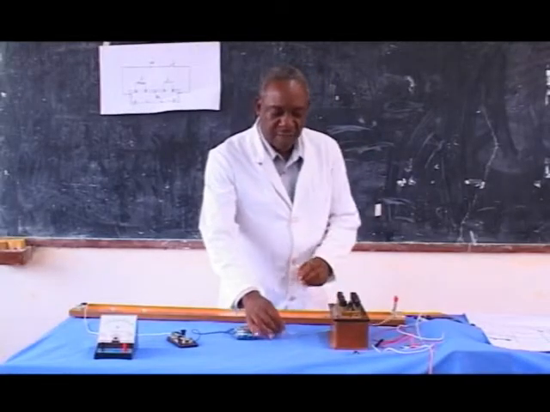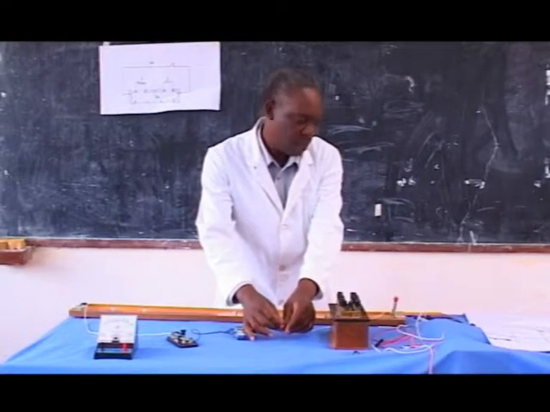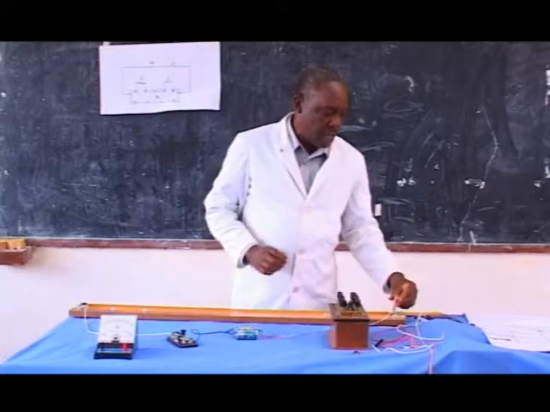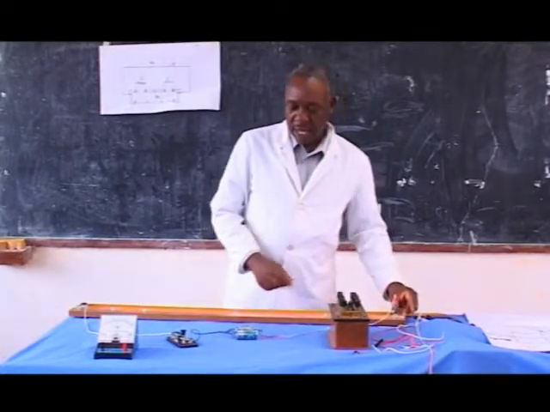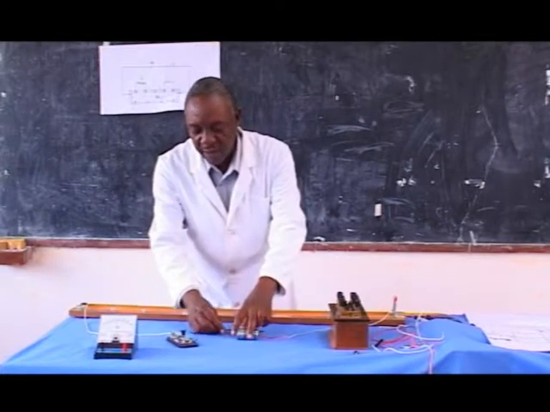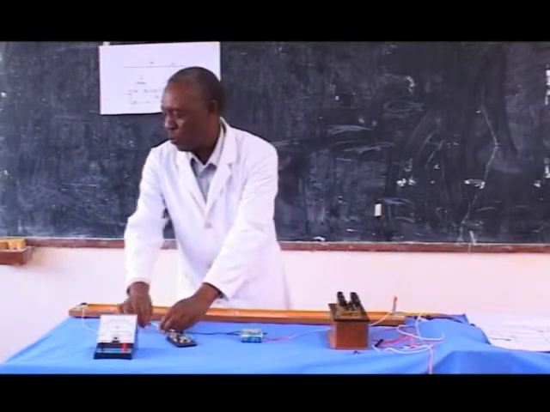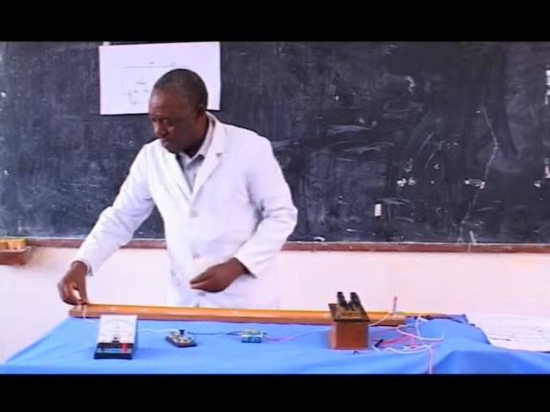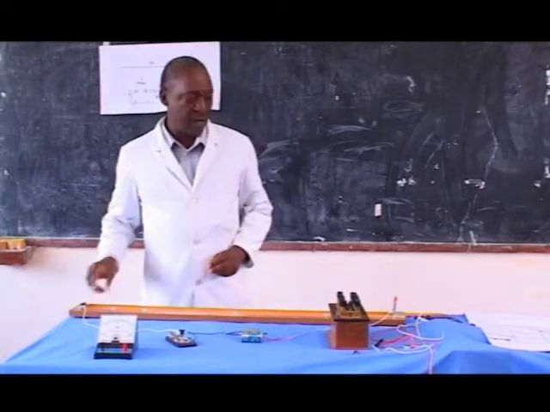Connect the positive terminal of the dry cell to the terminal A of the wire, and the negative part of the dry cell to the terminal B of the wire.